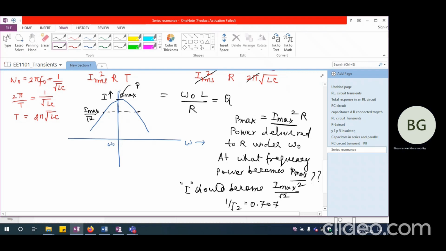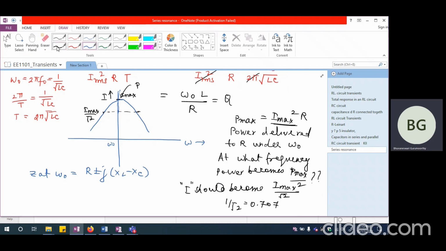Now, originally Z at omega naught was R plus or minus J multiplied by XL minus XC. Either way is fine. So this is Z at omega naught, and at omega naught we said XL minus XC is 0.